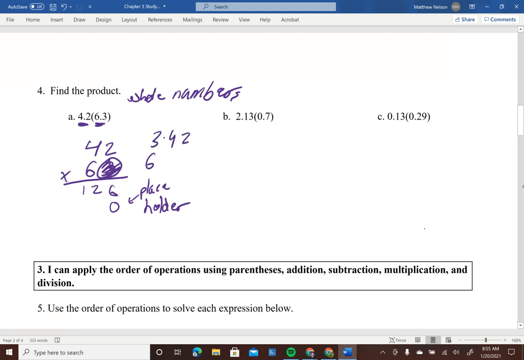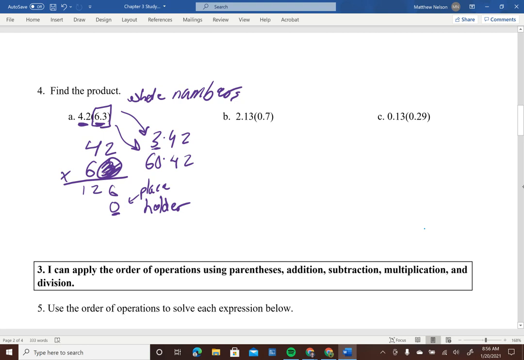Now we need to do 6 times 42. And really, this isn't 6. It's 60 times 42, because we can break apart 63 into 60 and 3, which is what we're doing in the standard algorithm. So that's where this placeholder comes from, because now we're moving on to 60 instead of just doing 3, which is a ones place.